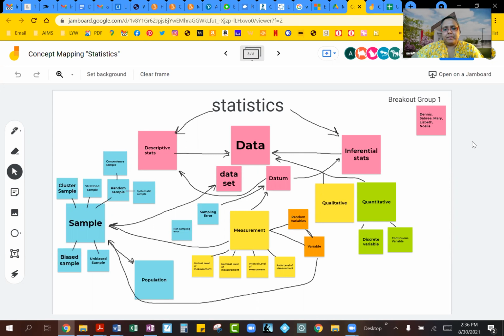The quantitative side is either a discrete variable, which gives you a descriptive statistic, or a continuous type of variable, which requires additional analysis, i.e. it's not a fixed number.